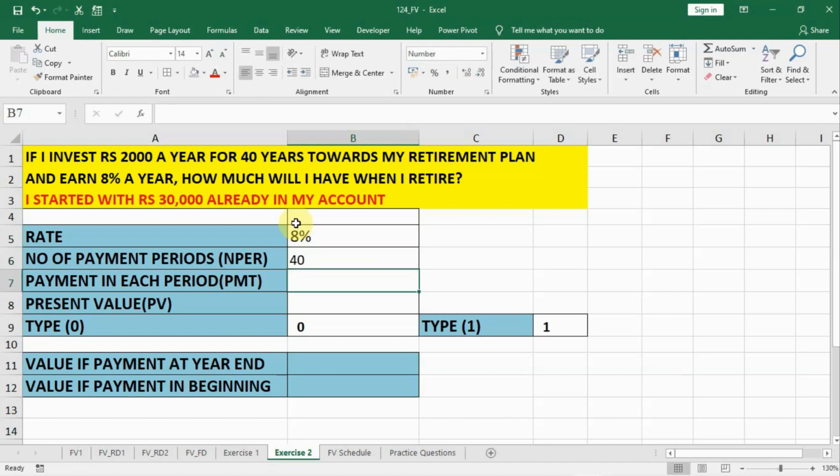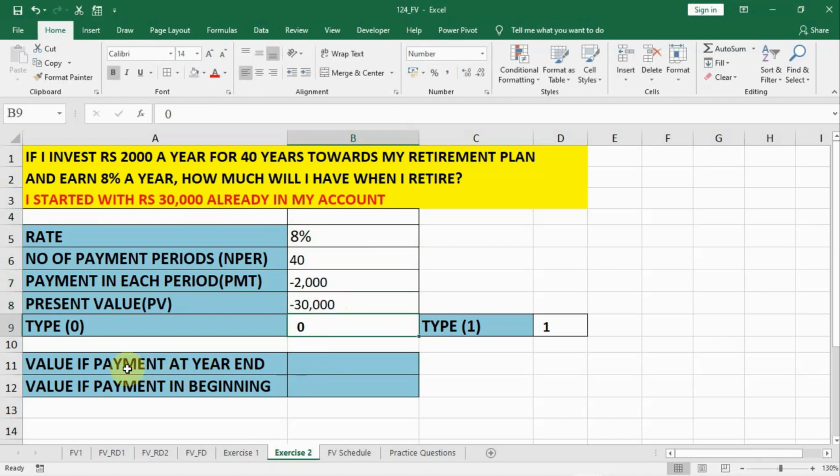Then payment in each period is minus 2000. Then present value. You see, this problem says that we already have 30,000 in my savings account or in my investment account. So we'll make it here as minus 30,000, and we'll have type 0 and type 1.